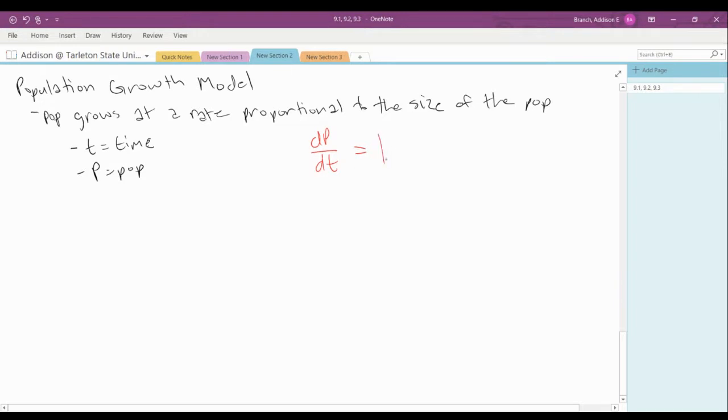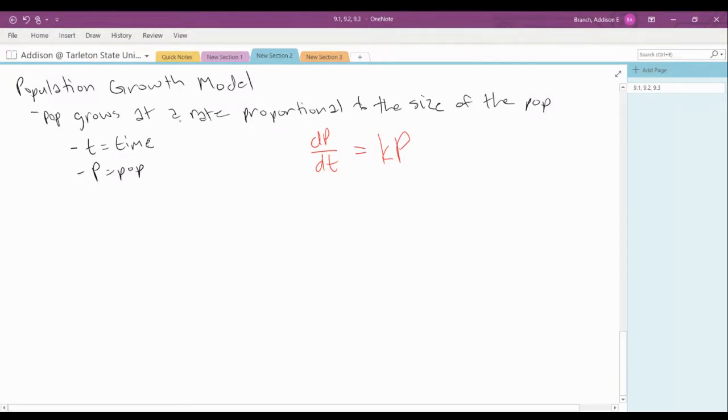So we can say we have some constant k times the actual size of our population. In this case, k is just a proportion constant. But what if we want to go ahead and actually solve for p itself in terms of t?